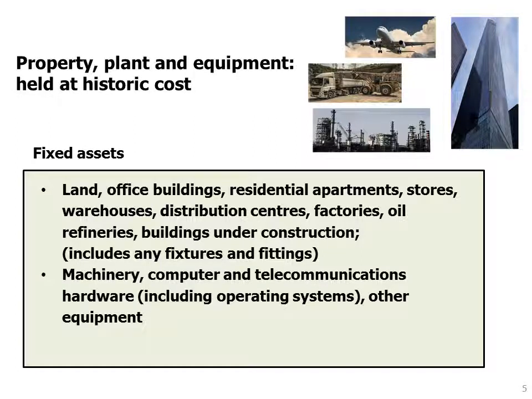It also includes machinery, computer and telecommunications hardware, including operating systems and other equipment, and transportation: planes, trains, trucks, vans, and automobiles. All of these are assets that are used within the business itself, and they're all held at what is called historic cost. The acquisition cost less an allowance for the using up of the assets over time.